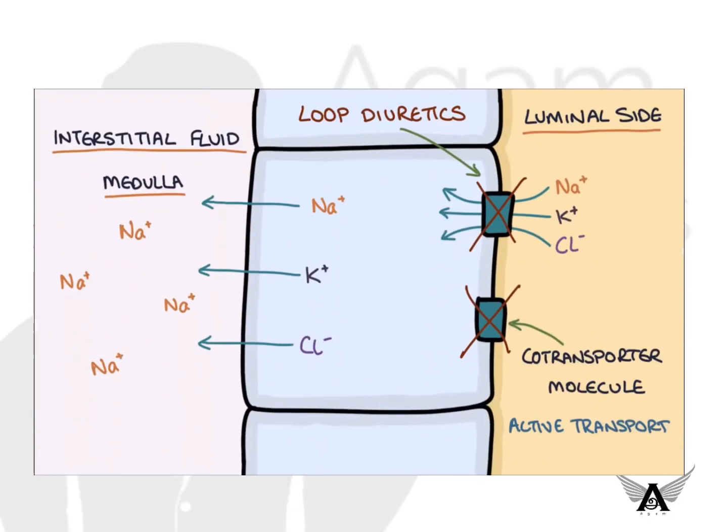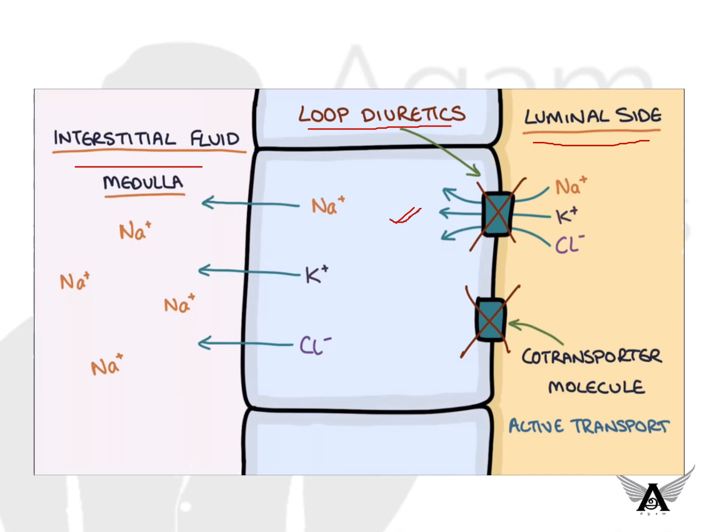As you can see, this is the schematic representation of the mechanism of action of loop diuretics. This is the luminal side of the ascending loop of Henle, and this is the interstitial fluid of the medulla. In between, we see the cells that line the luminal side.